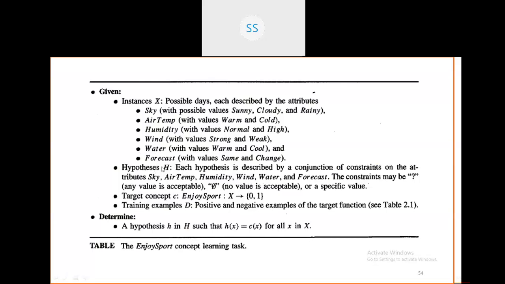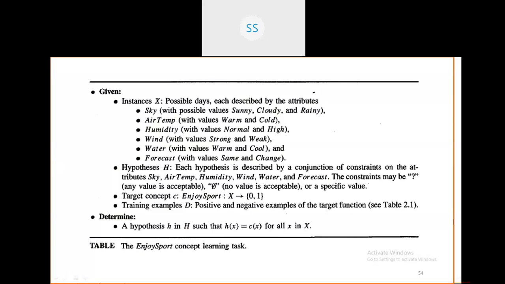We have to build the hypothesis called H. Each hypothesis is described by a conjunction of constraints on the attributes sky, air temperature, humidity, wind, water, and the forecast. The constraints may be a question mark, or no, or any specific value.